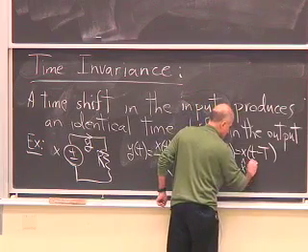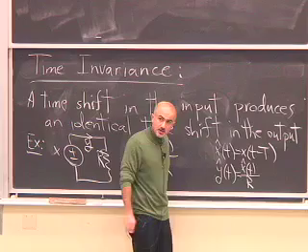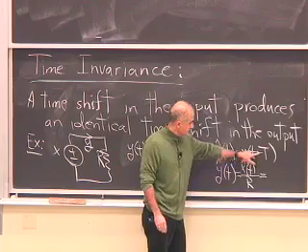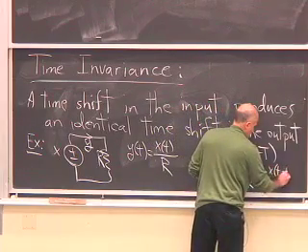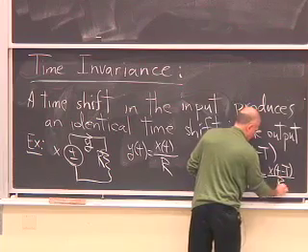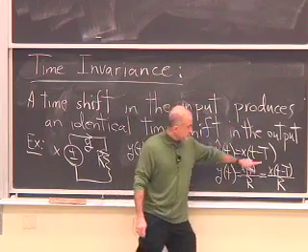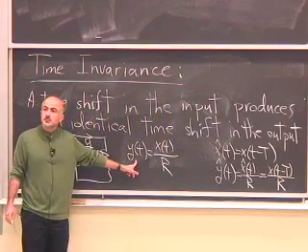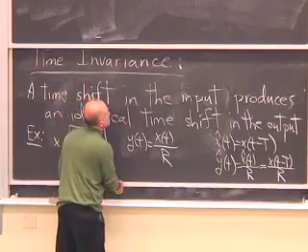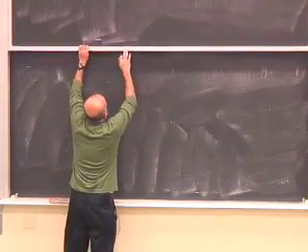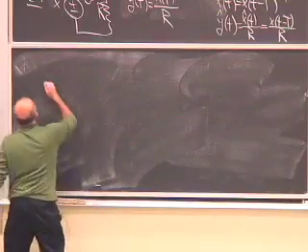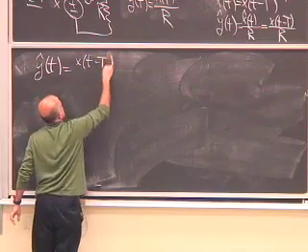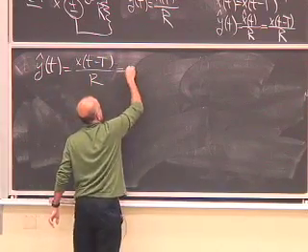X hat over R. Now, we plug in the relationship between X hat and X. X hat of t is X of t minus cap T, divided by R. How is this related to Y of t? Shifted by cap T. So Y hat of t, which is X of t minus cap T over R, is equal to Y of t minus cap T.